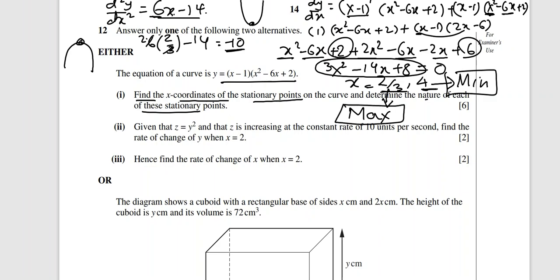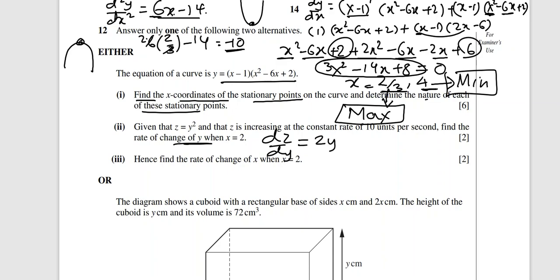Alright. Given that z is equal to y square, and z is increasing at a constant rate of 10 units per second, find the rate of change in y when x is 2. So first we'll find dz over dy. Z with respect to y will be just 2y, right?